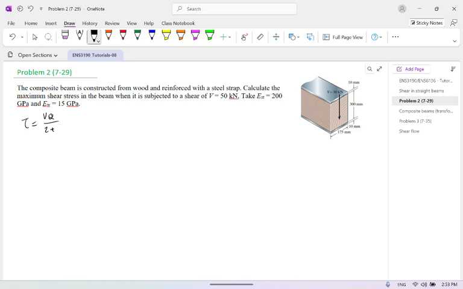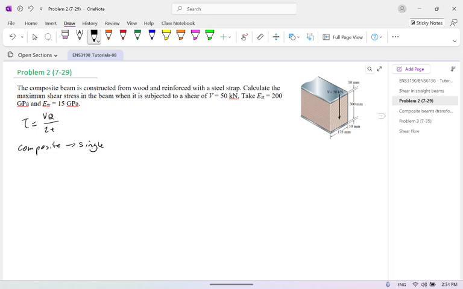So that's why we should know how to transform a composite beam into a single material beam.